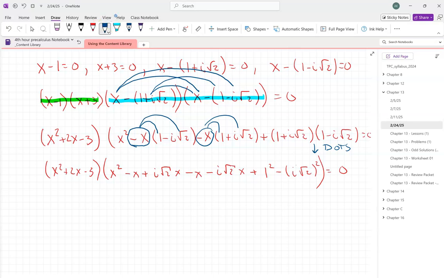Now if I look here, I have an i root 2 times x and a negative i root 2 times x. Those guys are just going to cancel each other out. And then I have this i root 2 squared, so that's going to be i squared and then root 2 squared. Who remembers what i squared is equal to? Close, -1, and root 2 squared is just 2, right?